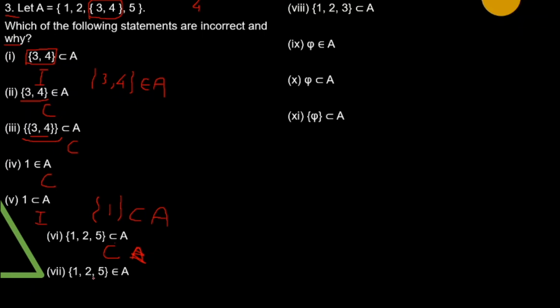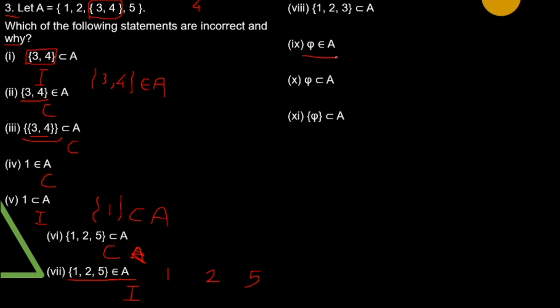Okay, {1, 2, 5} within curly brackets belongs to A. You can't write it like this, right? Either you say 1 belongs to A, or 2 belongs to A, or 5 belongs to A. Correct. Actually, if it is within curly brackets, you call it a subset. So this is incorrect. Now next we'll go for the 9th one. 5 belongs to A. Does 5 belong to A, or is 5 a subset of A?